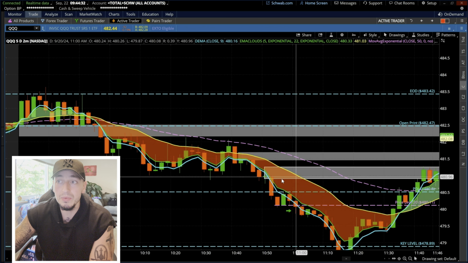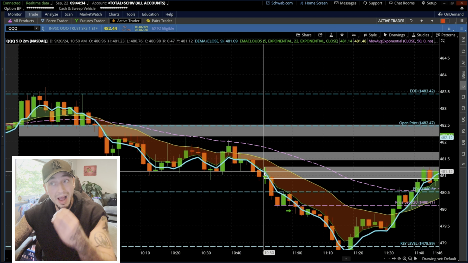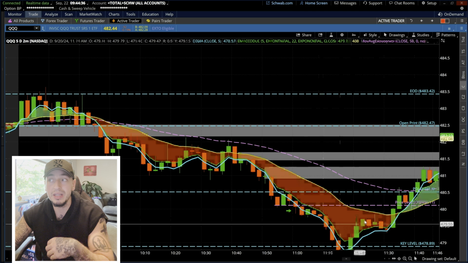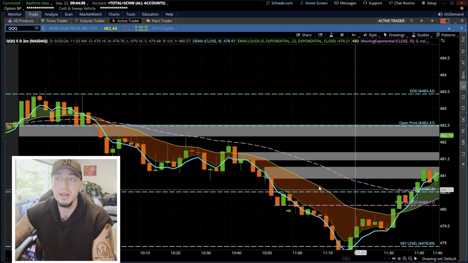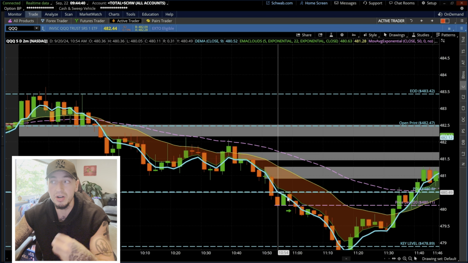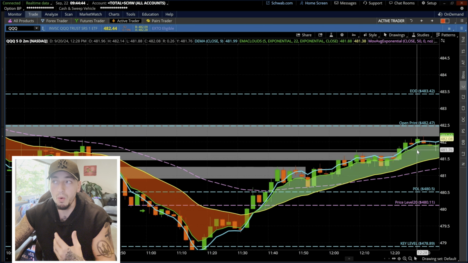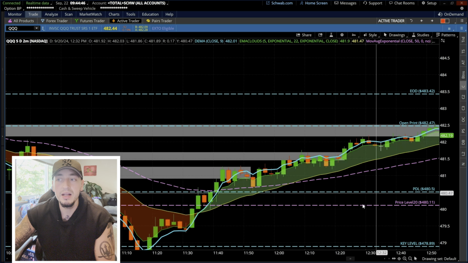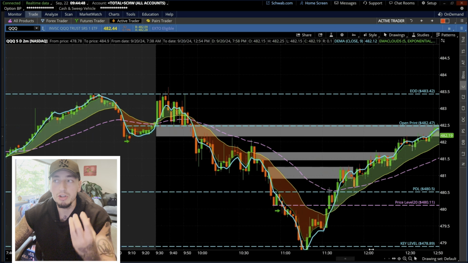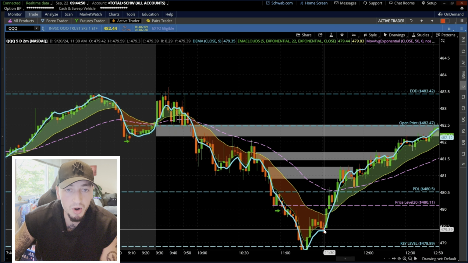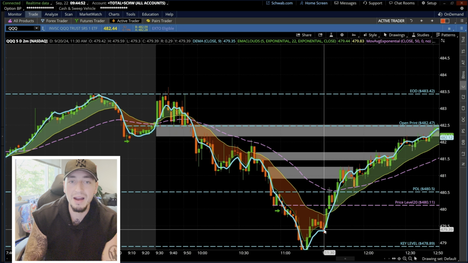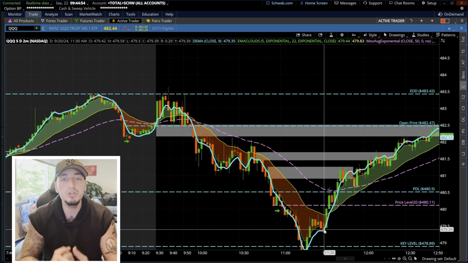Because that's exactly where buyers got into the market and now they're getting stomped out of the market, right? Or I'm sorry, sellers got into the market here and now they're getting stomped out one by one by one, all the way up to open print. So use your RBI, use your GBI, use your market structure, use your moving averages, and more importantly, use your pit numbers, your critical levels.